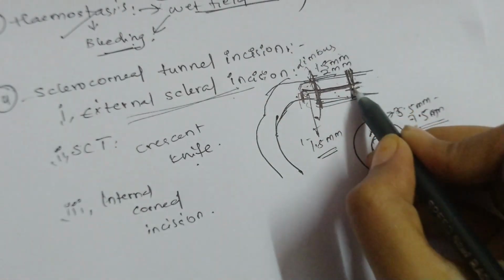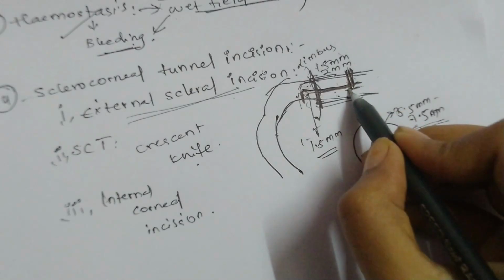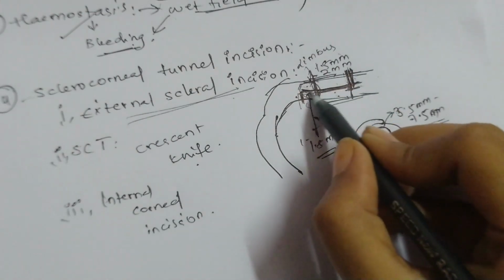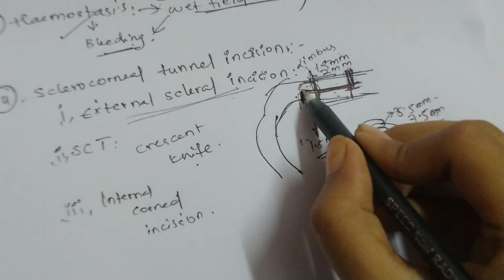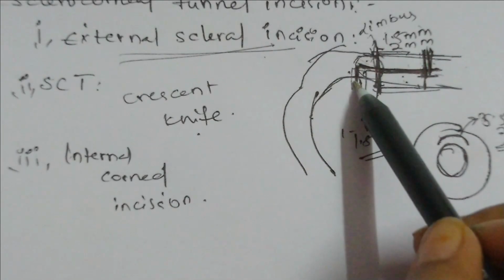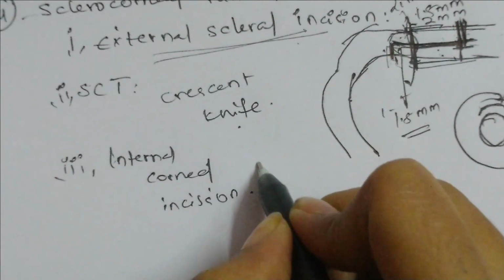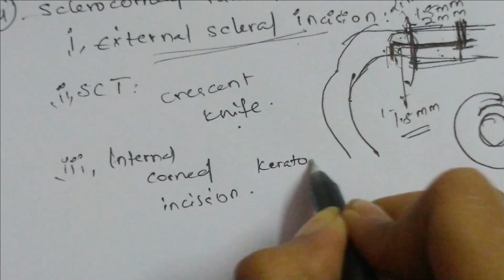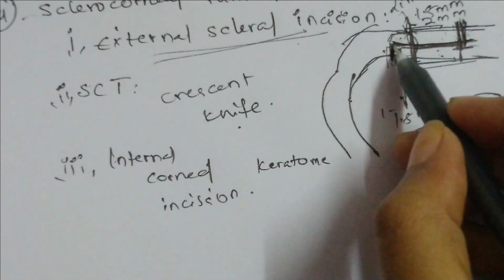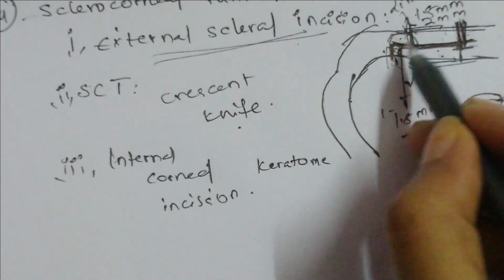We made an incision up to half or 1/3 thickness of the cornea, and we made a sclerocorneal tunnel, and then we made this internal corneal incision with the help of the keratome. So this is a self-sealing valvular sclerocorneal tunnel.